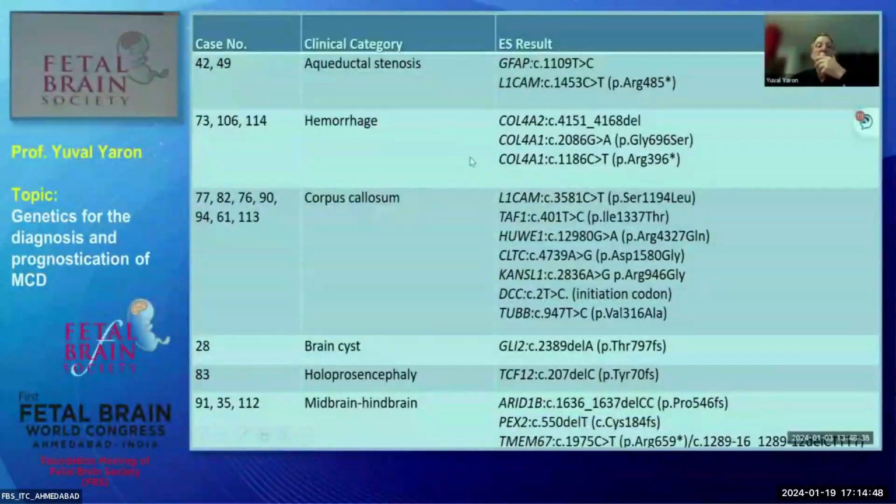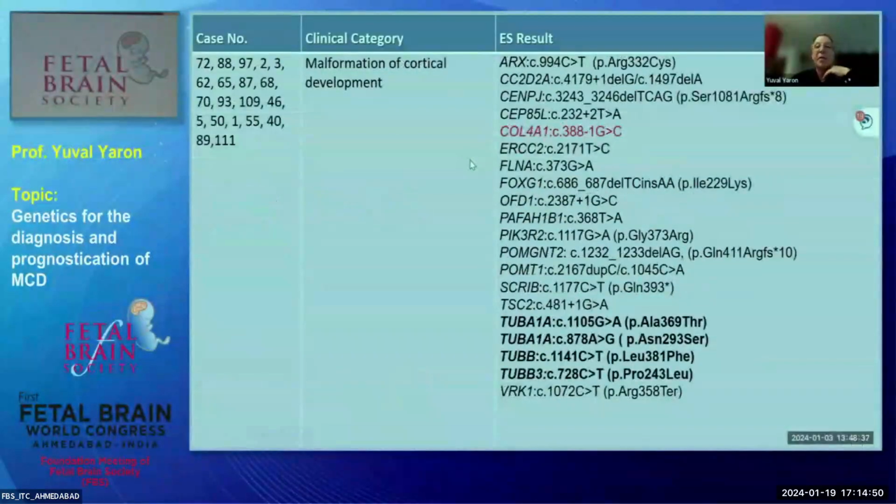But then when we move into the malformations of cortical development, again, this is not necessarily only the isolated cases, but cases in which malformation of cortical development was also found in the setting of complex brain abnormalities. We could see some of the expected candidates, for instance, the different tubulins that were associated.